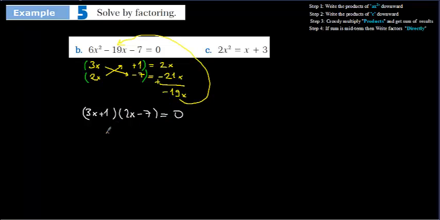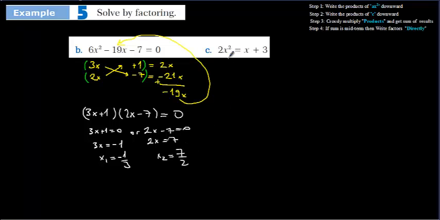Then what are the factors? 3x plus 1 is equal to 0, or 2x minus 7 is equal to 0. 3x is equal to minus 1, so x1 is equal to minus 1 over 3, or 2x is equal to 7, and x2 is equal to 7 over 2. That is the answer of this question.